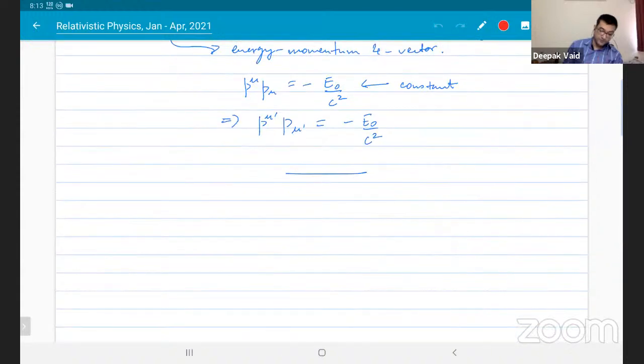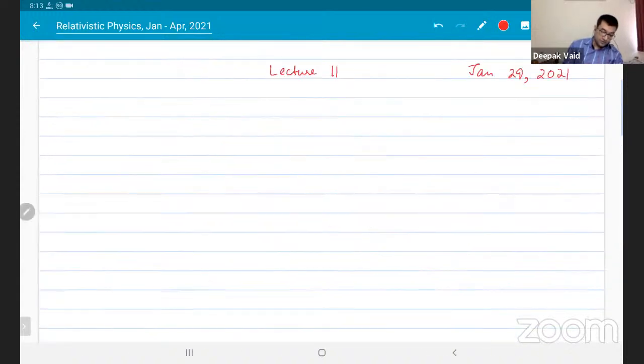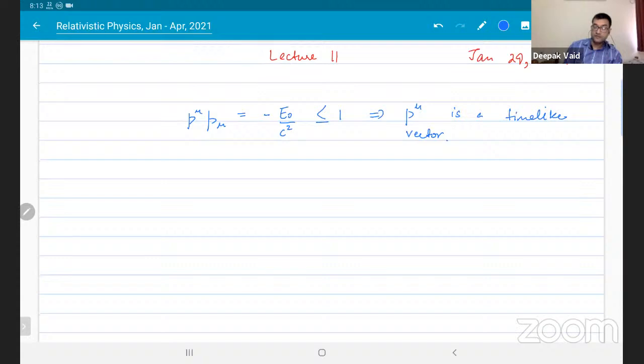Okay. So we have p mu squared equal to minus E naught by c square. And this is always less than or equal to 1, right? Which means that p mu is a time-like vector. And it has to be, because if it's the four momentum of a massive particle, then it has to be a time-like vector, right?